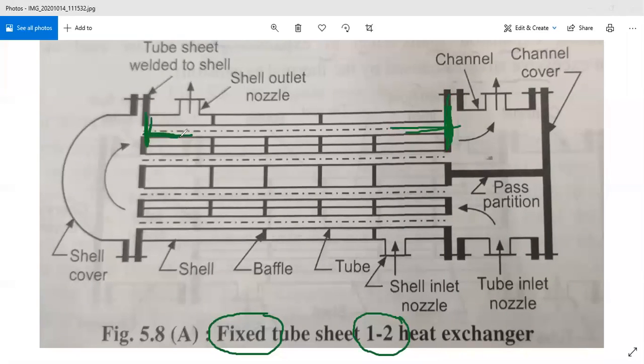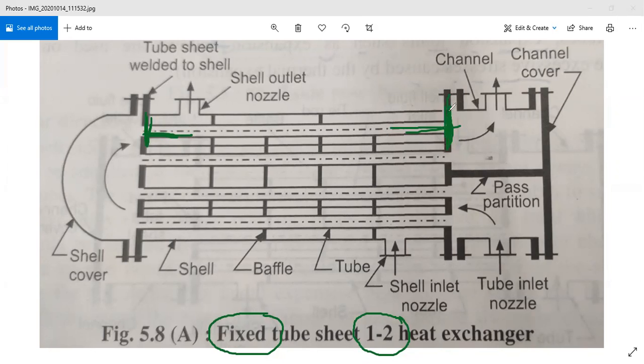For removal of these tubes, for repairing, cleaning or maintenance of these tubes, we have to remove the tube bundle, and this is possible only when we remove this tube sheet.